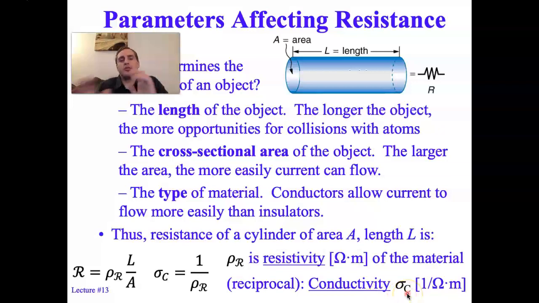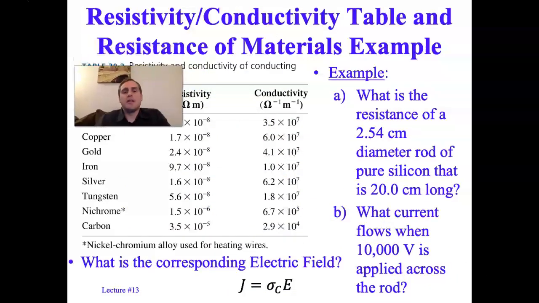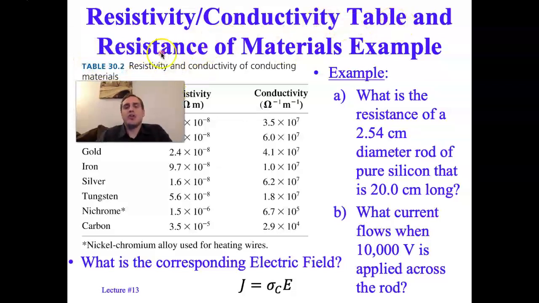So if something is a strong resistor, then it's a very weak conductor. But if it's a very strong conductor, it's a very weak resistor. Conductivity would be 1 over ohms times meters. And resistivity and conductivity, you generally look these up in tables.